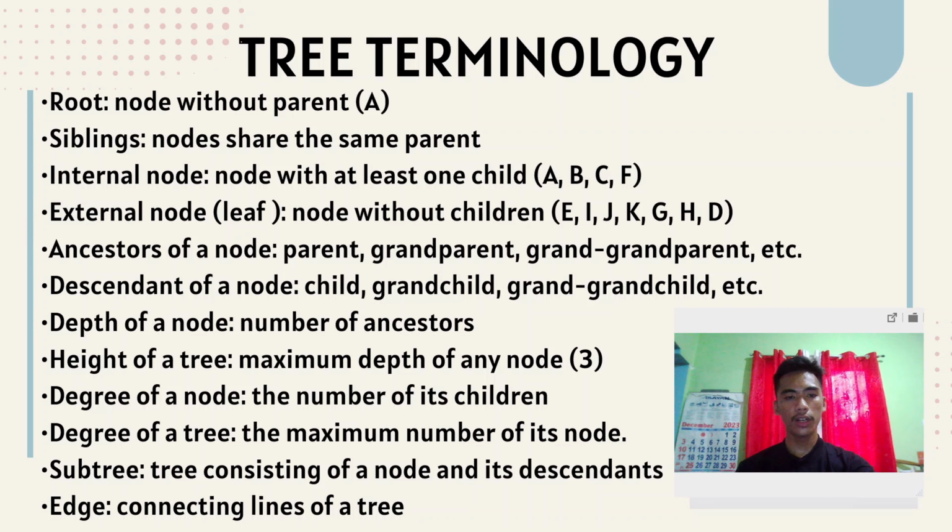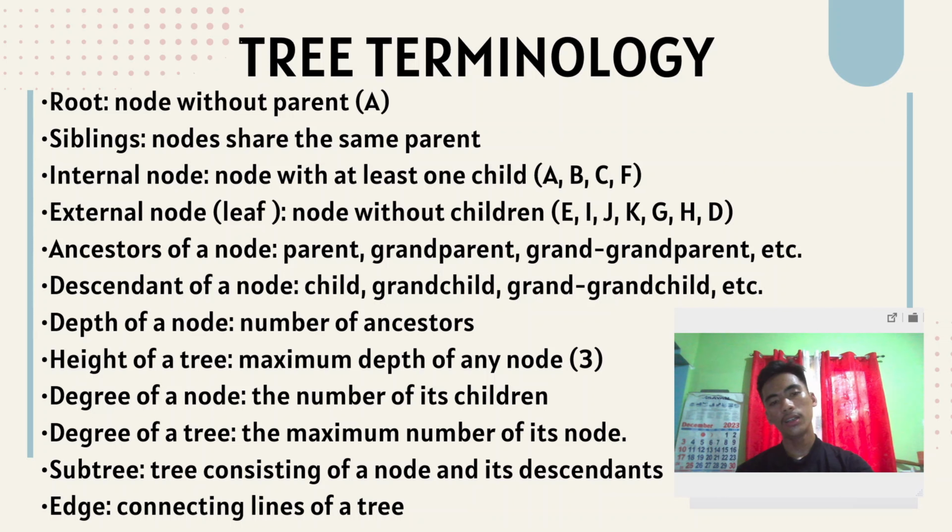Next is subtree, a tree consisting of a node and its descendants. A subtree is a tree formed by a node and all its descendants, including the node itself. The next, and the last, is edge, the connecting lines of a tree.